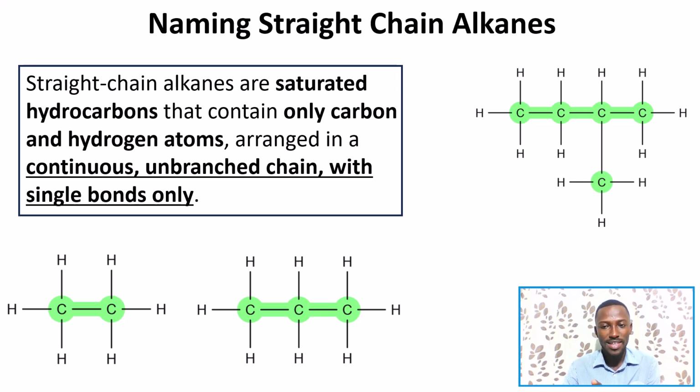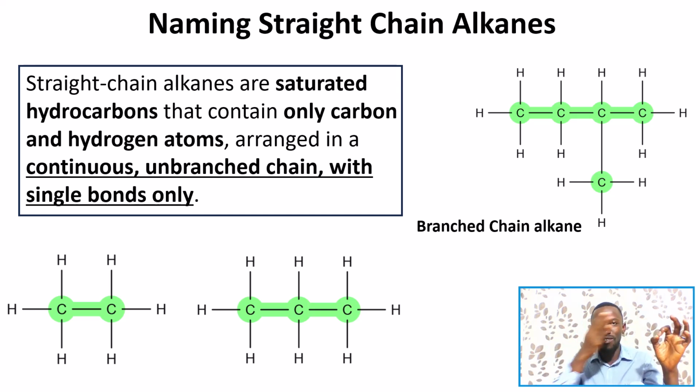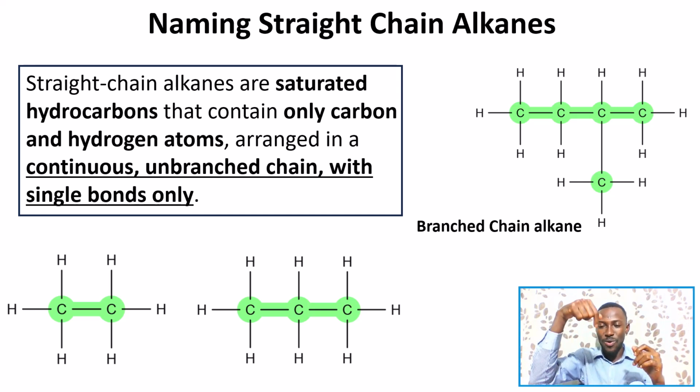If you look at the examples on the screen, this one is a branched chain alkane. Why is it a branched chain alkane? You can see we have 4 carbons, 1, 2, 3, 4. Then the third carbon from your left, or the second from your right, has another carbon sticking out of it. So that is a branched chain alkane.